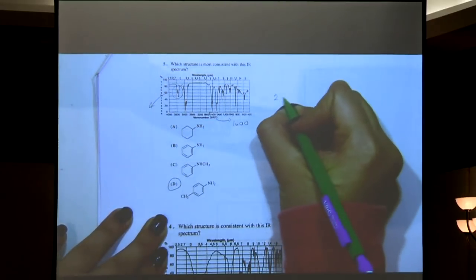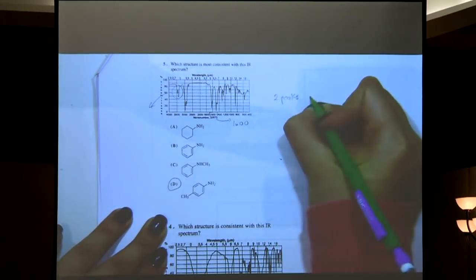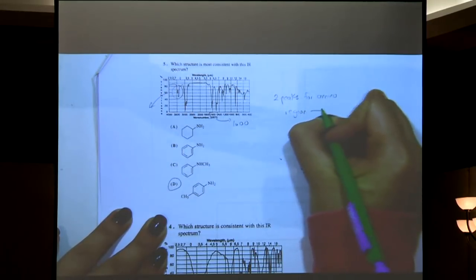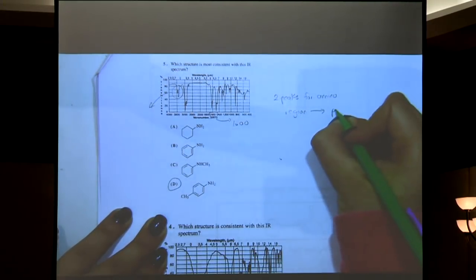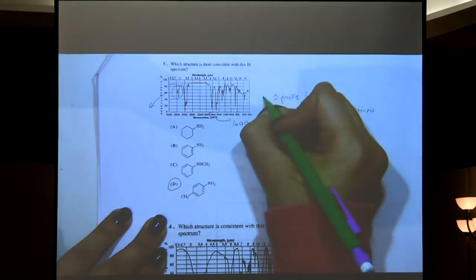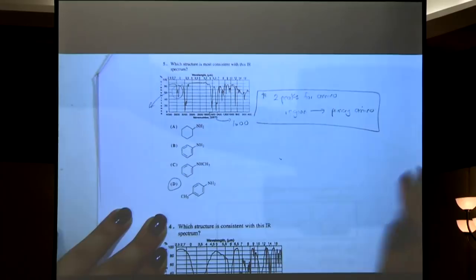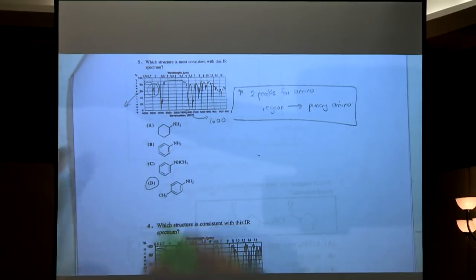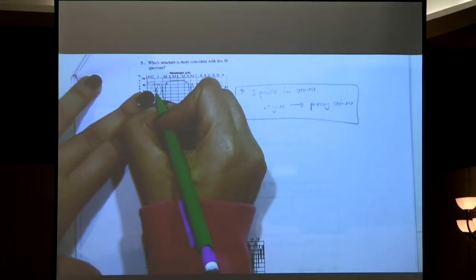So 2 peaks. There's like an 80% chance that that's going to be on the ACS. It's pretty typical. So if you have 2 peaks over here, then it's going to be a primary amino.